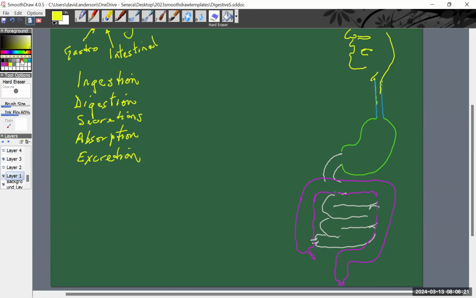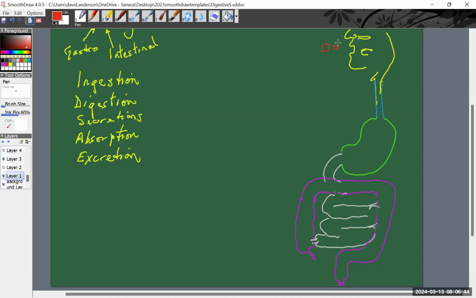So we can appreciate here with what we've talked about, with what we've shown, is that we've got food that might be introduced to the mouth. In other words, ingestion. And that's going to involve the process of swallowing. And that's what introduces the food to the digestive system.